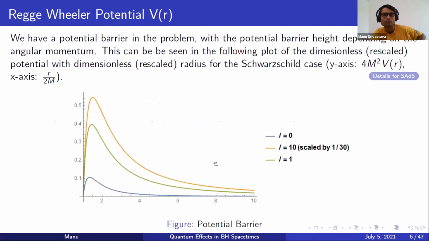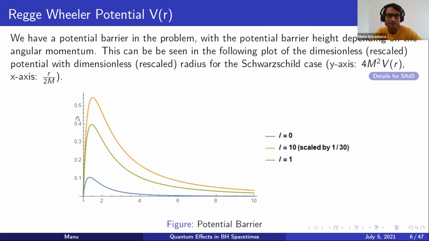Here I've plotted this potential for our usual Schwarzschild black hole, and there are two things I want to point out. The first thing to note is that we have a potential barrier-like situation in our system. There is a barrier, and the potential after that goes down. The second important thing is that the potential is l dependent. The higher the value of l, the higher the barrier height.